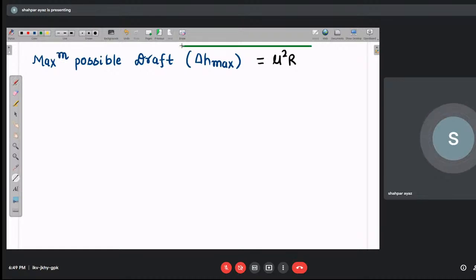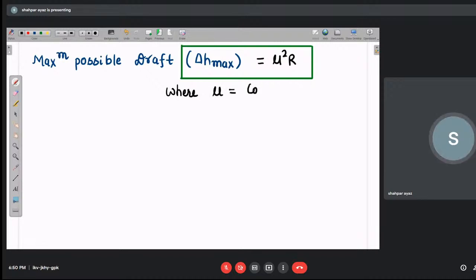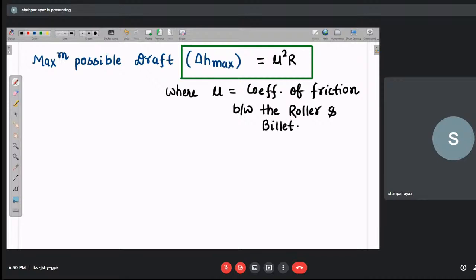Mu is the coefficient of friction between the roller and the billet. Now after maximum possible draft, draft is H initial minus H final.